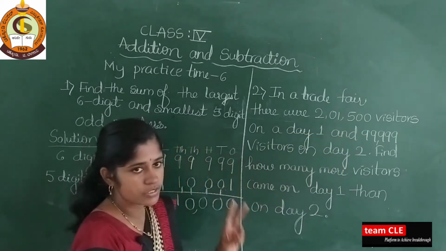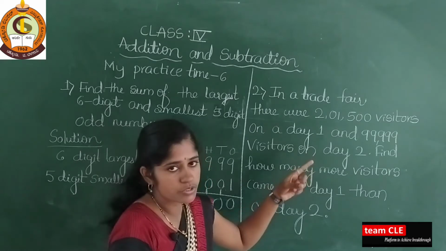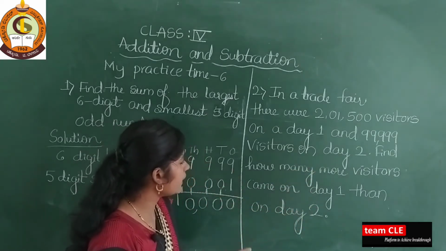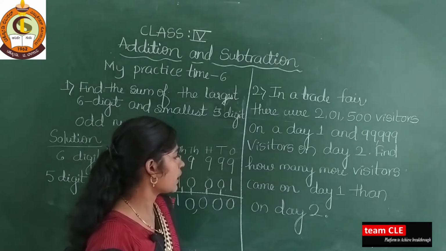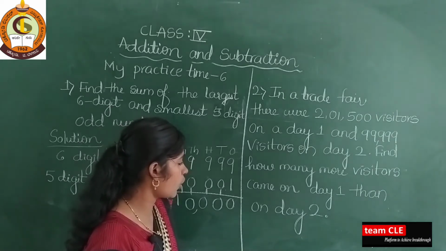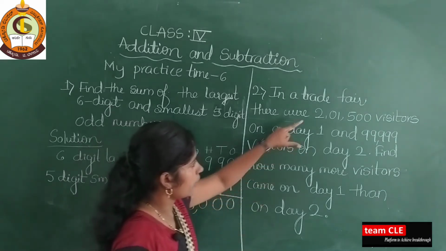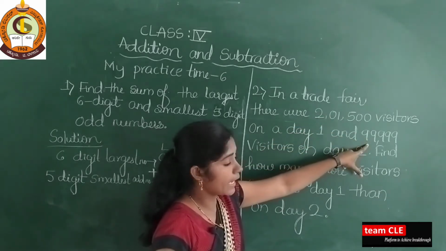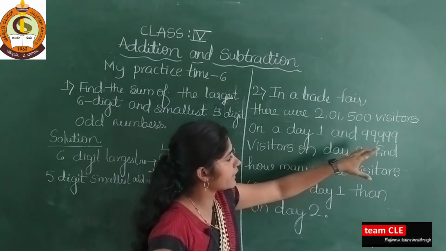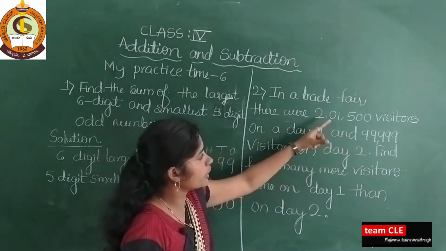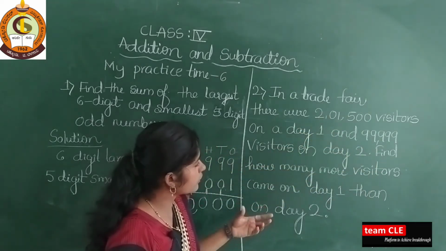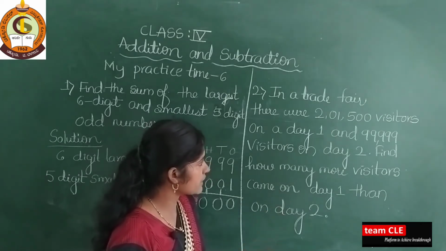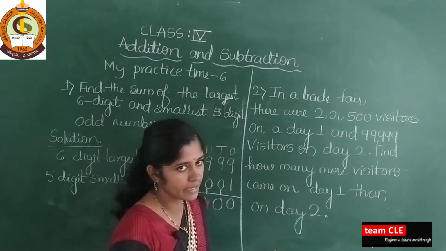Then find how many more visitors came on day 1 than on day 2. Here 2 lakh visitors and 99,999 visitors are there, so you need to subtract. Then you come to know how many more people visited the fair on day 1.